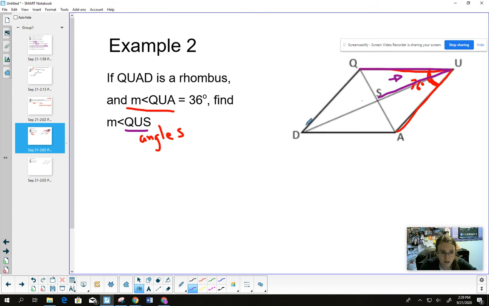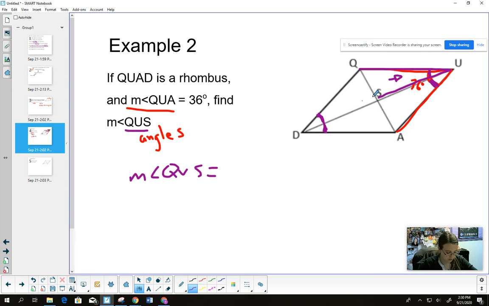These angles here, opposite across from each other, are going to be cut in half. So this is half and this is half. This is half and this is half. So what I'm actually looking for here, measure of angle QUS, if the entire thing is 36, QUS is half of that.